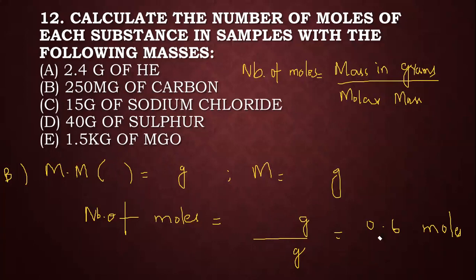Now the molar mass of carbon is 12 grams, and the value given is 250 mg. It means that we have to convert the value into grams, so its value must be equal to 0.250 grams.